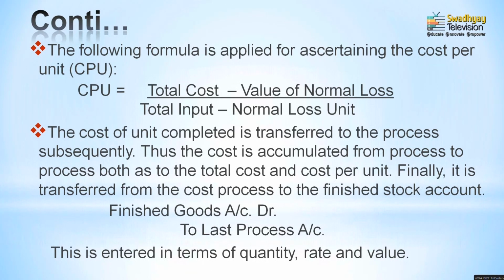Total input means the number of units introduced in the respective process account minus the normal loss units, and these normal loss units would be deducted from the total inputs. In this way the cost per unit can be determined. So, the CPU would be calculated this way.